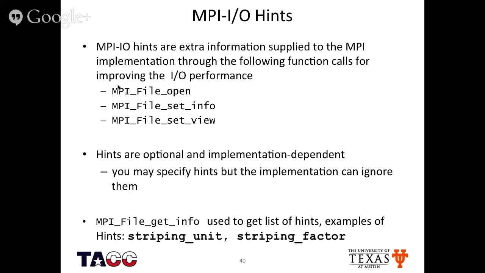MPI file open, file set info, and file set view will help you pass extra information to the MPI implementation. These are basically meant for improving the I/O performance. Hints are optional. The MPI standard does not say that you have to have this particular MPI file open implemented in a particular fashion.